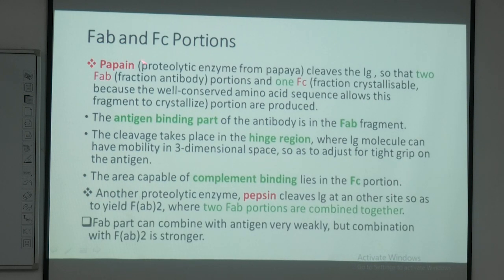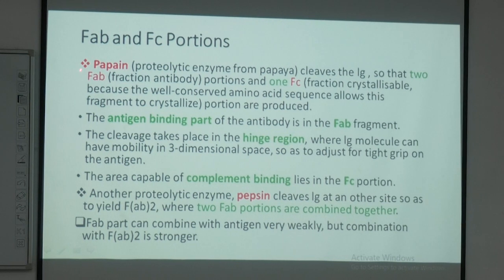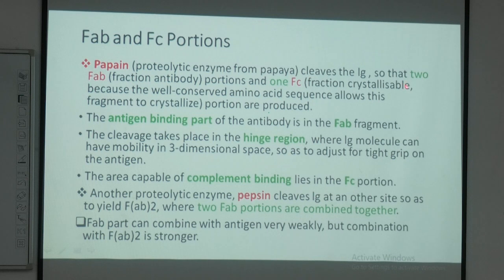So here are the two enzymes: one is papain and another is pepsin. When papain acts on the immunoglobulin, it will produce 2 Fab, fragment antigen binding, that is the antigen binding part, and another is Fc, the crystallizable fragment.